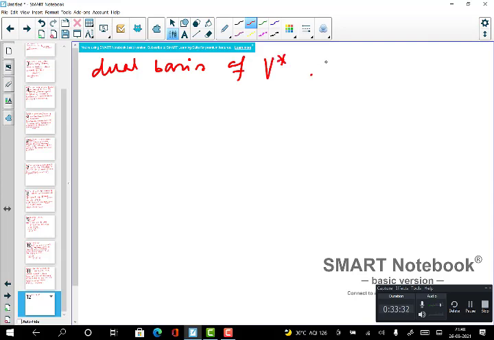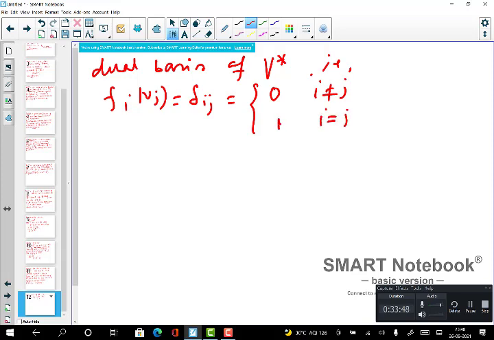Okay, that is, fi of vj equals the Kronecker delta ij. You remember, this is 0 if i not equal to j, and is 1 if i equals j. Okay, Kronecker delta.